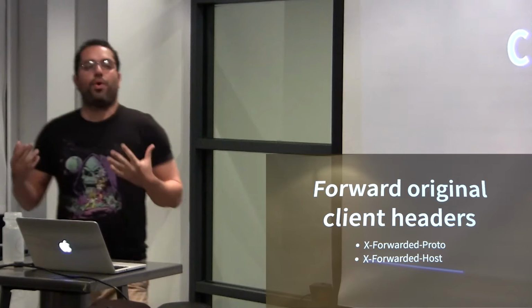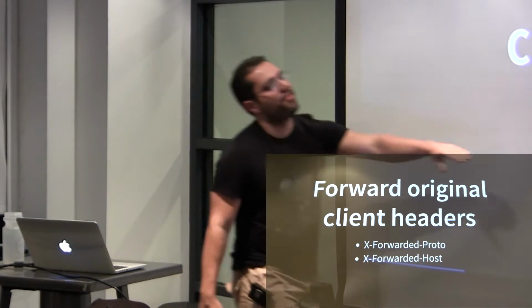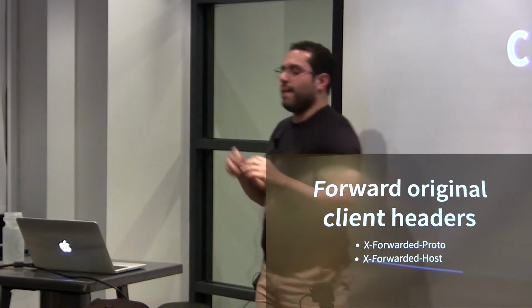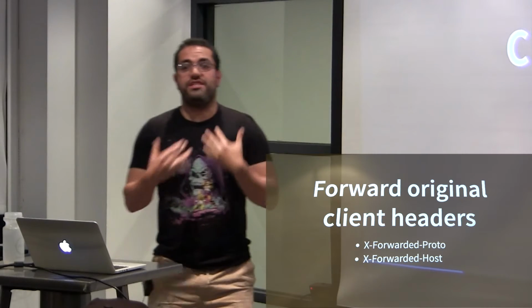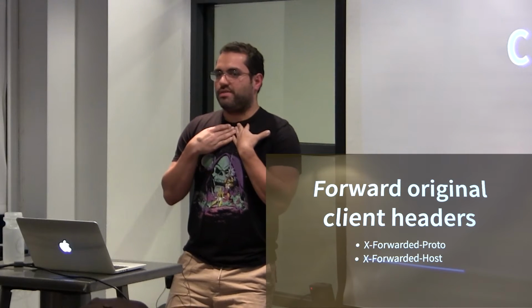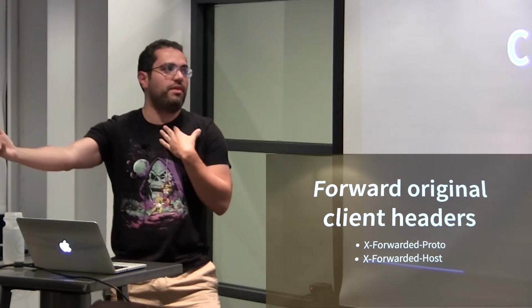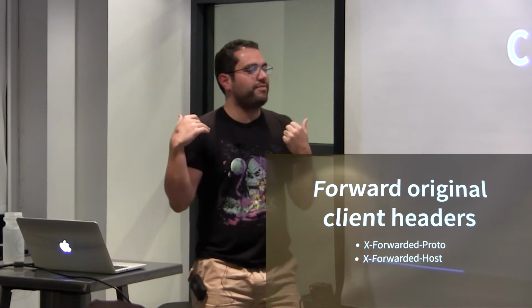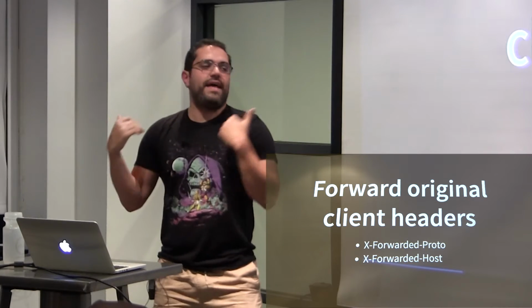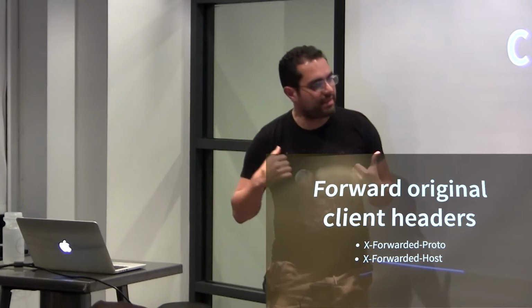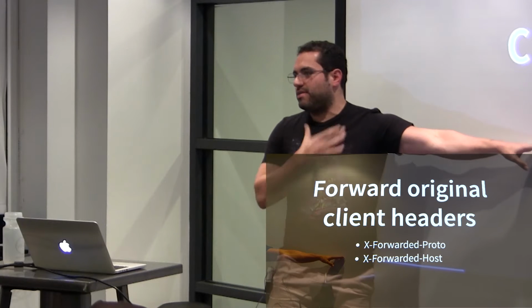When you make an HTTP request, there's always the host header in there. When I am the proxy, the host is my address. It's the proxy address, because it's the proxy that's sending the request to the downstream service. But what do I have to do? I also want to say that the actual client that made the request was someone else. It's not me.